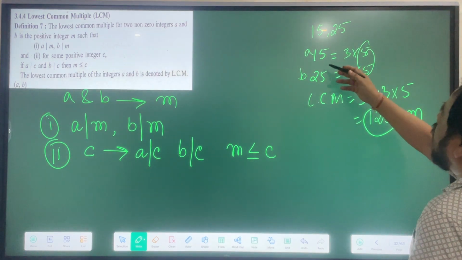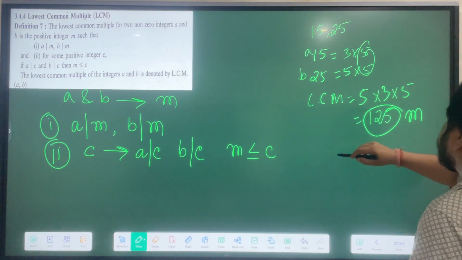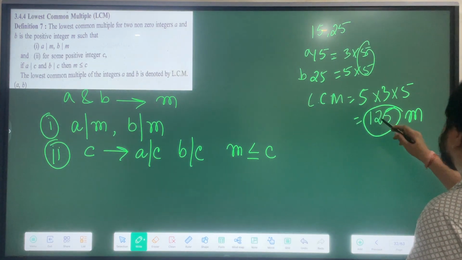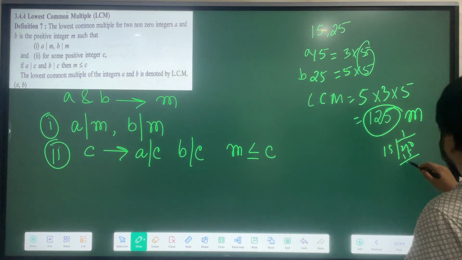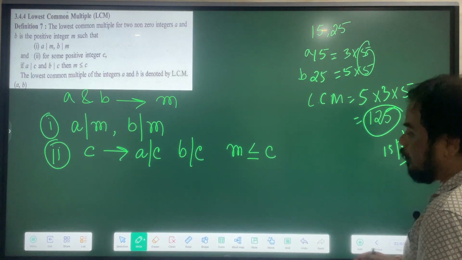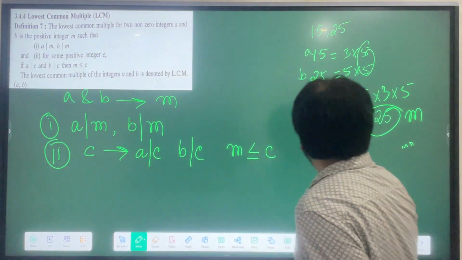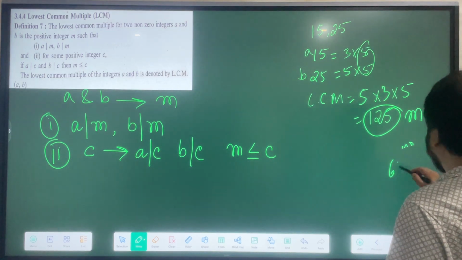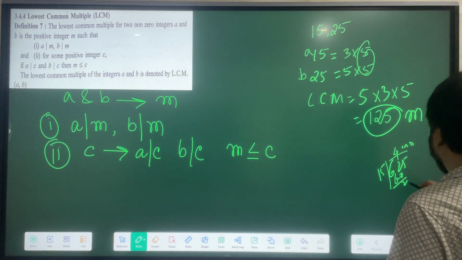So for 15 and 25, suppose 150. Suppose 625.